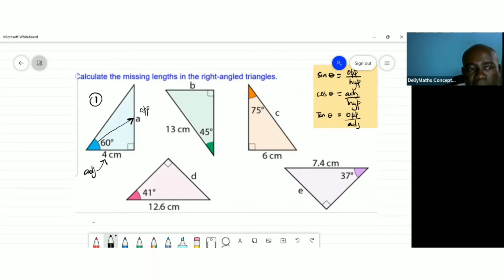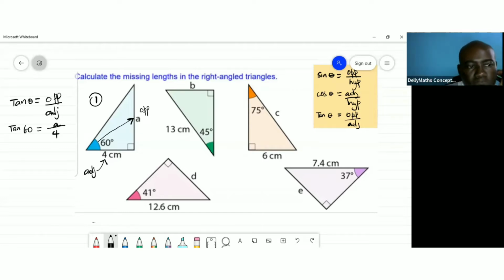So we could start by saying the tangent of the angle in a right angle triangle is equal to the opposite side over the adjacent side. So the tangent of 60 degrees is equal to the opposite side, which is A, over 4.